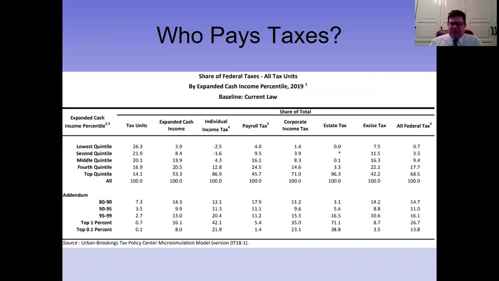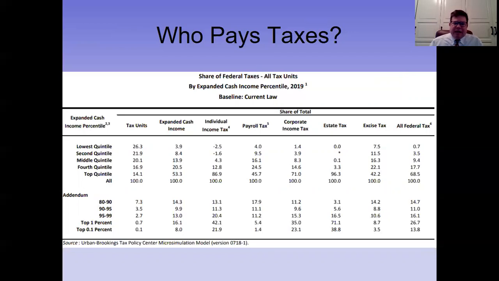So let's take a look at the first three quintiles: 0.7%, 3.5%, 9.4%. As we examine that, about 13% of all taxes are paid by the bottom 60% in the United States. And about 31 or 32% overall are paid by the bottom 80%. So really, an enormous amount of money is paid by the top 20%.